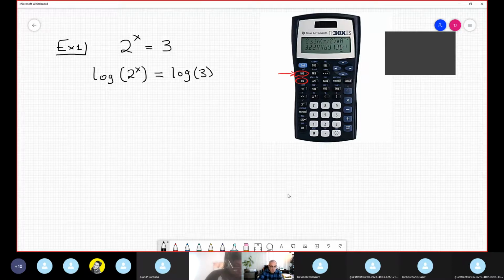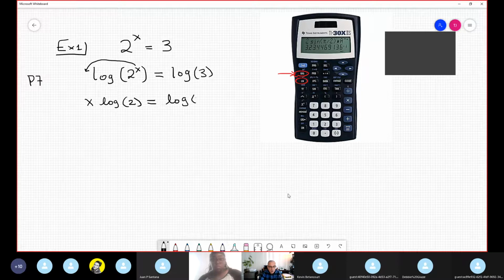Let's do one example using common log, another example using natural log, and there is no difference. Now you apply one more time the property number 7 to allow this exponent to go to the front, like an x: x times log of 2 is equal to log of 3.